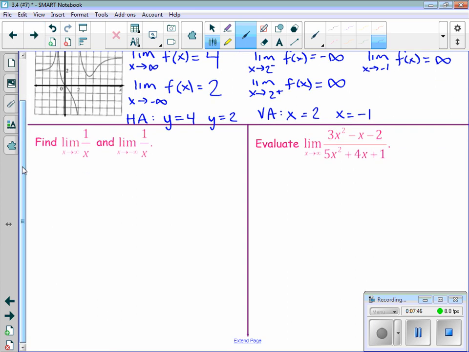So down here, we're actually trying to evaluate some limits. What you learn here, you're going to use a lot, so make sure you're asking questions if you have them. Okay, so let's do this one here. We're taking the limit as x goes to infinity, and we have 1 over x. So think about 1 over an infinitely large number. What's that going to?